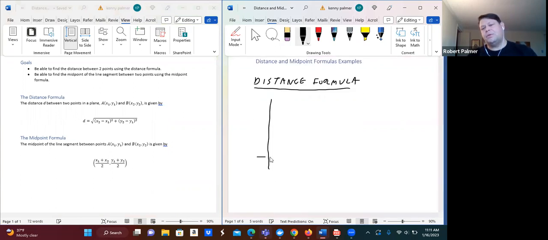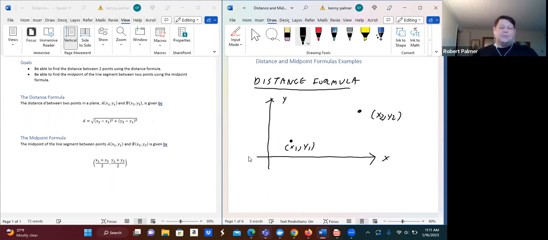So let's imagine we're in the XY plane, where this is our x-axis, this is our y-axis. Let's say we have 2 points. Once again, we're just going to call them x1, y1 and x2, y2. Now, they could be anywhere in the plane, but it's just easier to prove in the first quadrant. And what we're curious about is, what's this distance between these 2 points? How long is that?